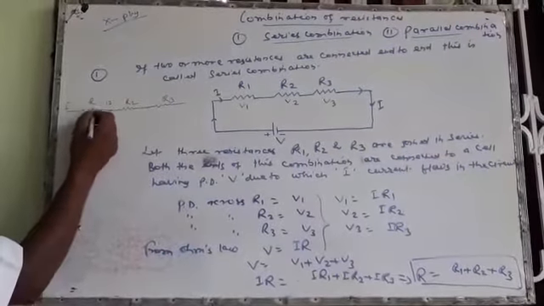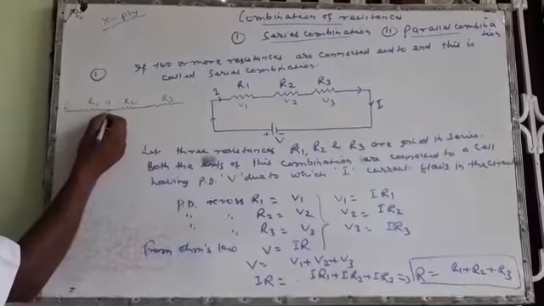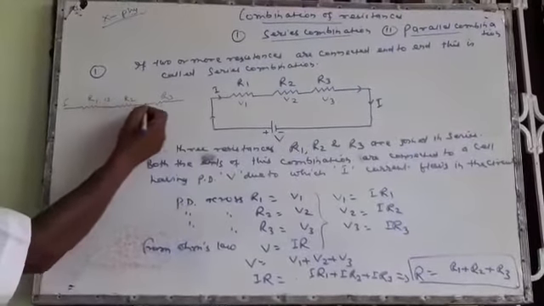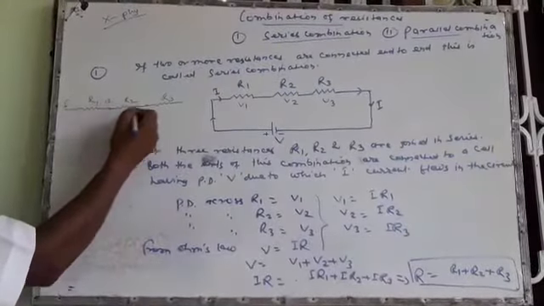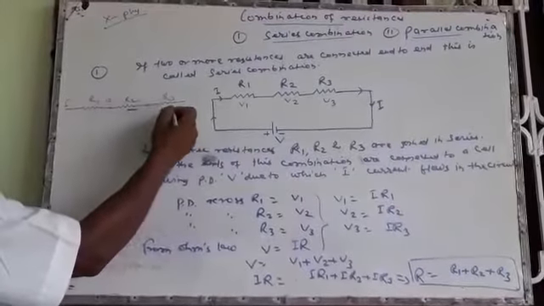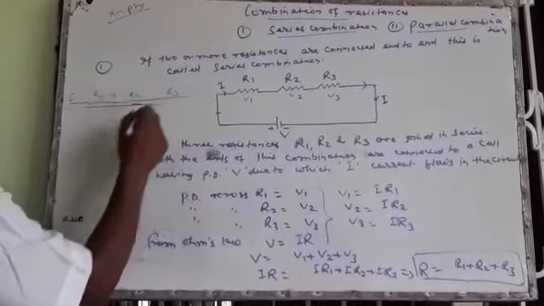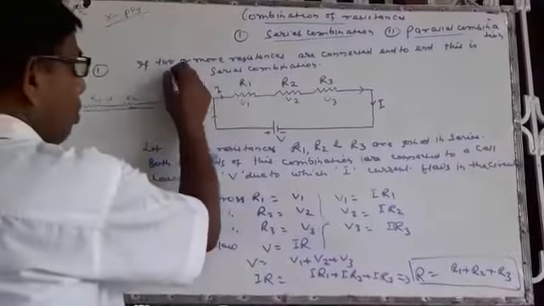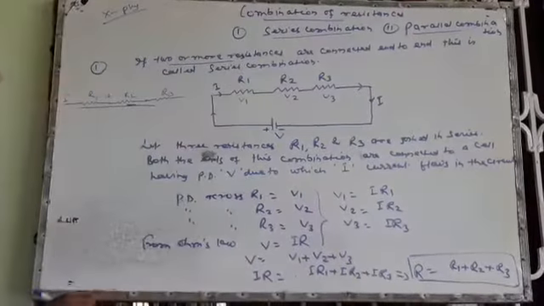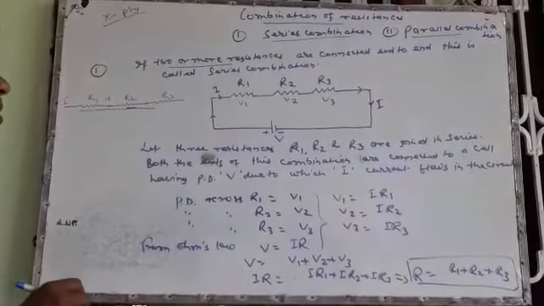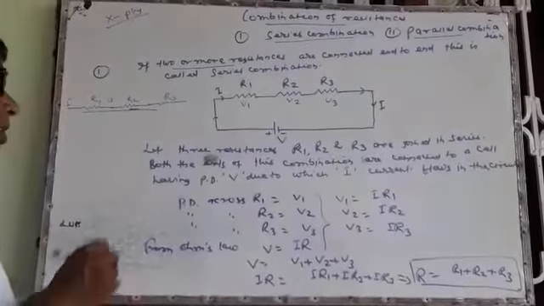The second end of the first resistance is connected to the first end of the second resistance, and the second end of the second resistance is connected to the first end of the third resistance. This is known as series combination. If two or more resistances are connected end to end, this is called series combination.